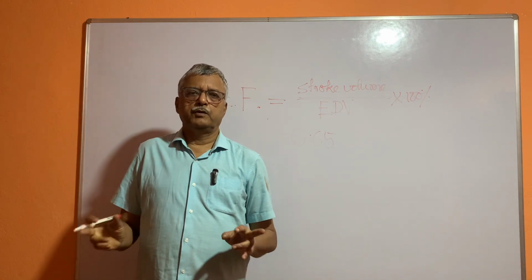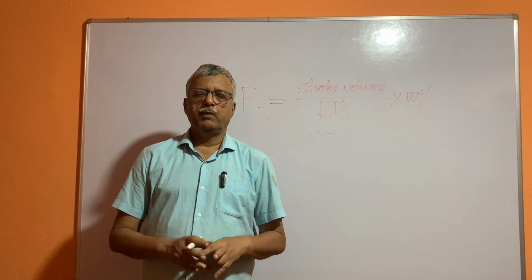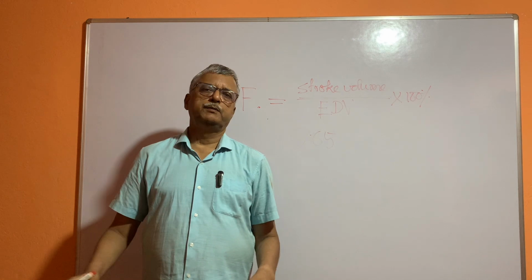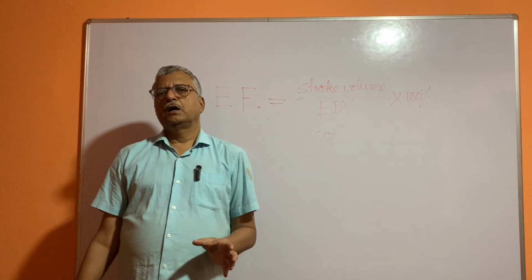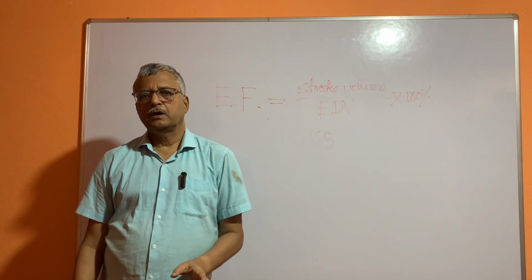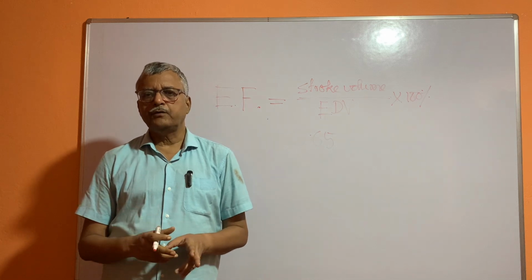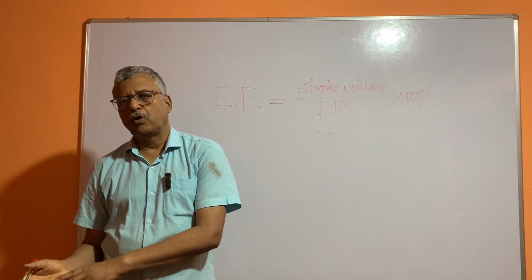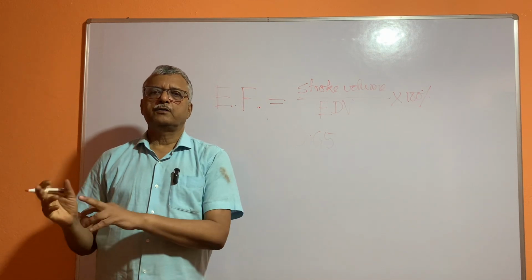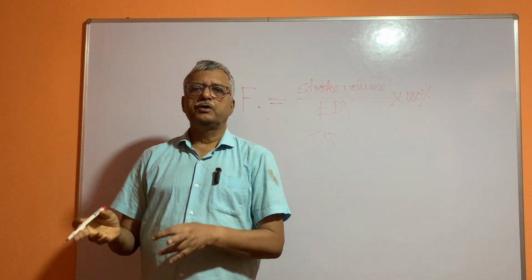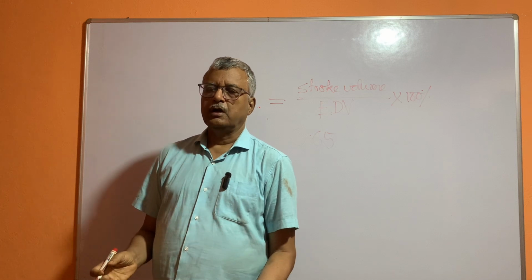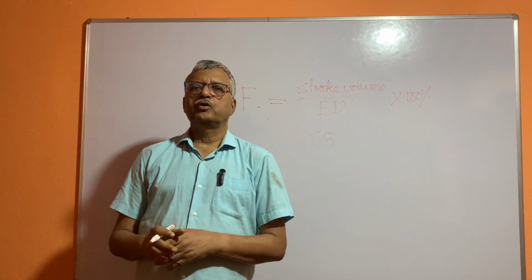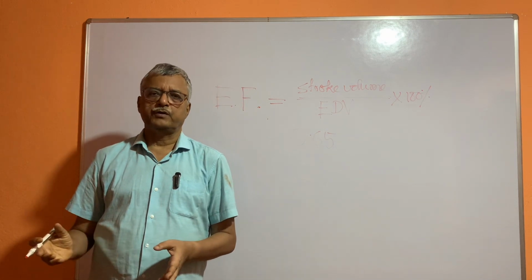But between 50 and 150 per minute, let us consider the case when the heart rate is between 50 and 150 per minute. In this case, the heart rate becomes normal. When the heart rate increases, the diastolic duration becomes shorter, and so the stroke volume becomes lower, but the product remains almost constant.